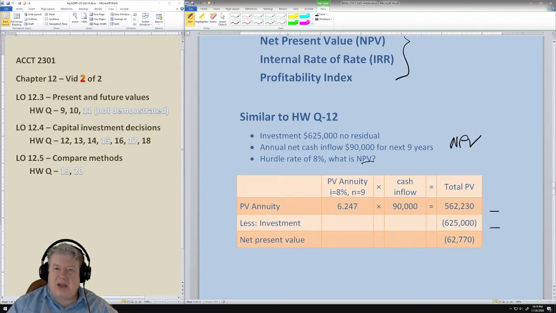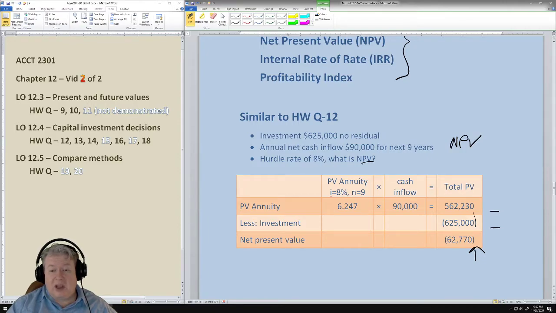The investment is a cash outflow. It's a negative. So we're going to net these two, and what we come up to is a negative number. This is the very basic net present value: we figure out a positive cash flow over time, and an upfront negative investment that we are spending. At the end of the project, are we going to be positive or negative?